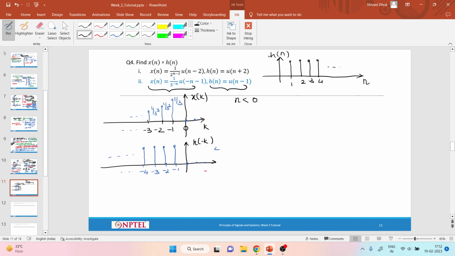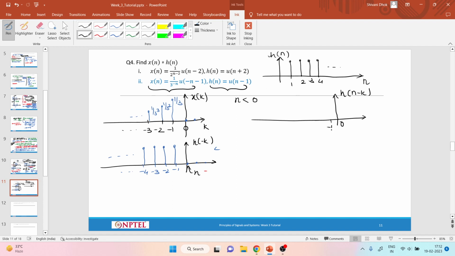My n is less than 0, so currently my n is here, so it will be this region. So my entire h of k will be basically shifted leftwards. So it will look something like this. So in this situation, I am plotting h of n minus k.